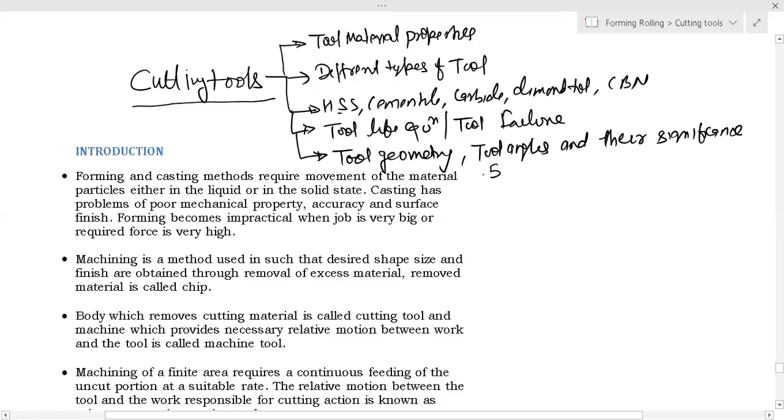Then tool signature. Then we'll solve a lot of numerical problems. Again, I am telling you, 35 years of GATE questions we'll solve. So let us see how the class moves. We'll try to cover things.